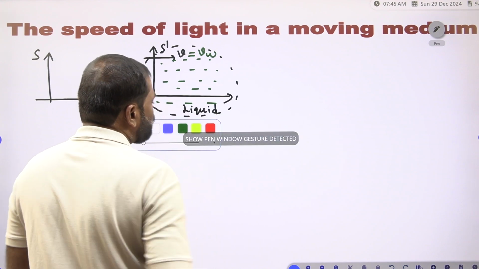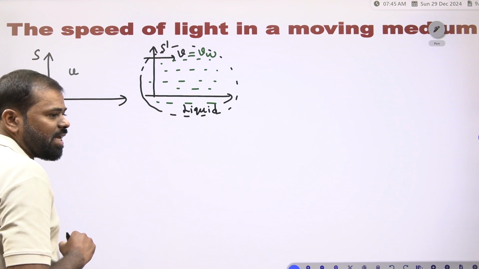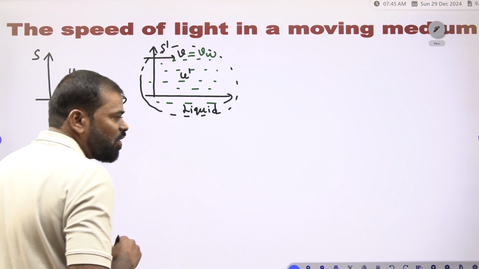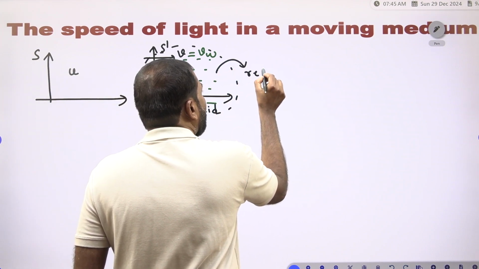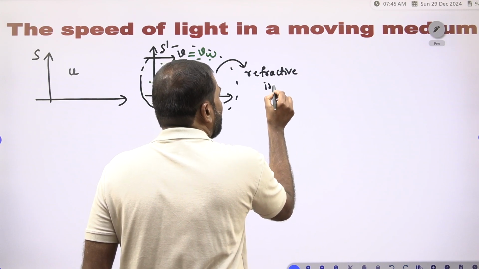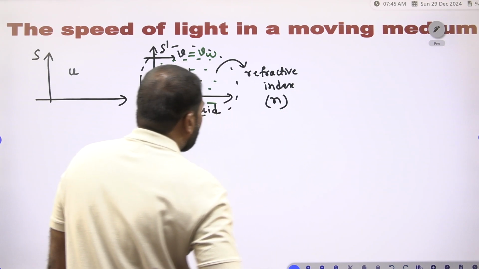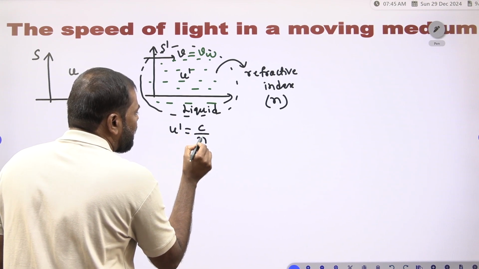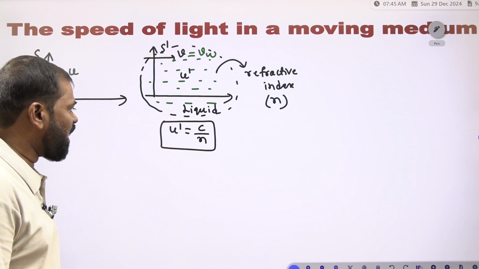Now you have to take the S frame velocity as u, and the S dash frame velocity as u dash. The refractive index of the water, or of any medium, you consider as n. Therefore u dash is equal to c by n, based on the definition of the refractive index.